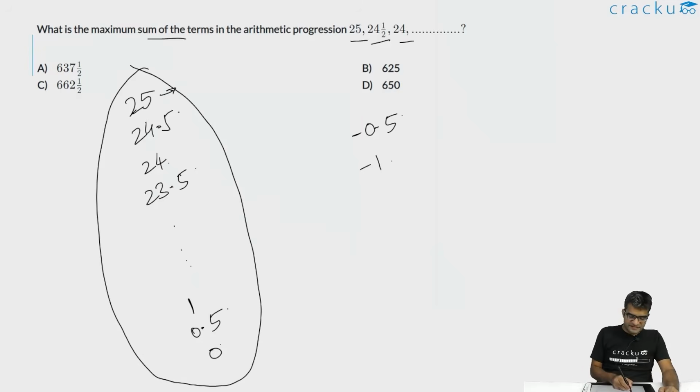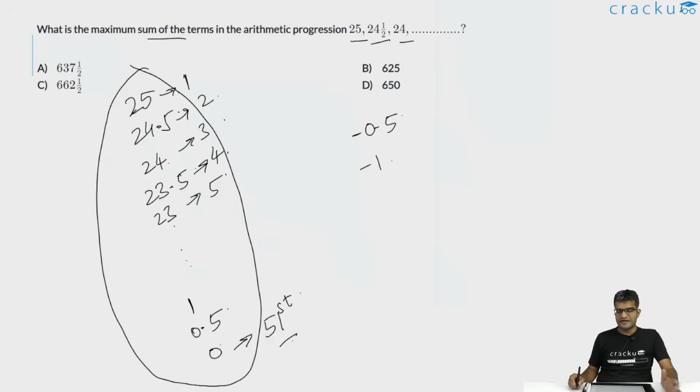To do that, let us first calculate what is the term 0. Which term is actually 0? 25 is the first term, 24.5 is the second term, 24 is the third term, 23.5 is the fourth term, 23 is the fifth term and so on. Therefore, 0 will be the 51st term. You can calculate it in multiple ways. A is equal to 25, this is the first term.